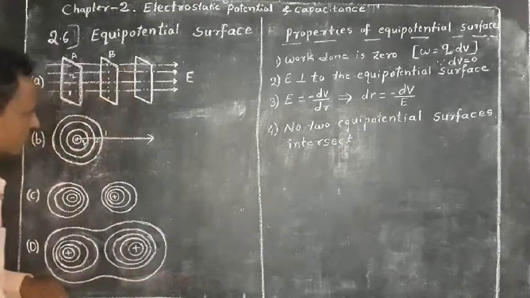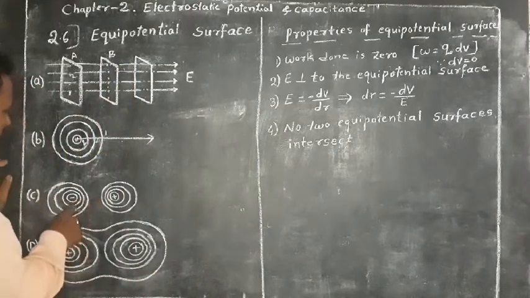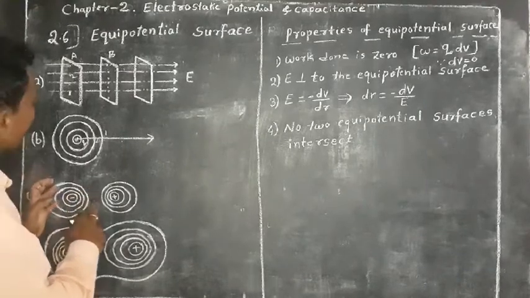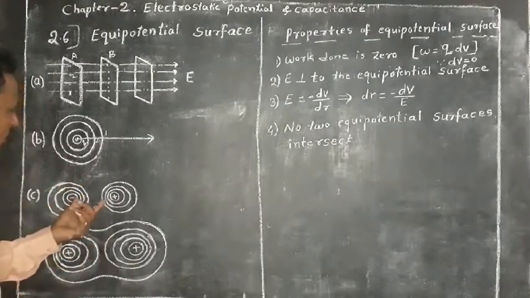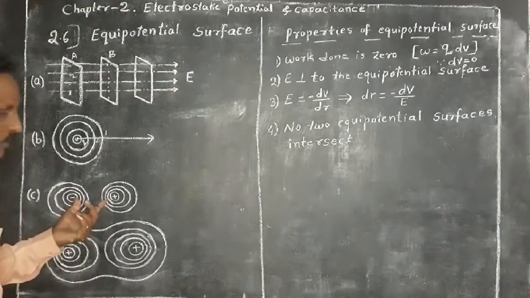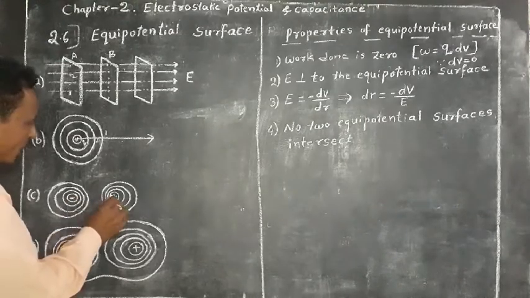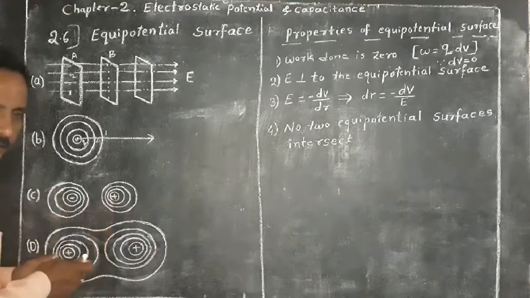And the spacing between equipotential surfaces due to a dipole. A dipole has equal and opposite charges separated by a certain distance.